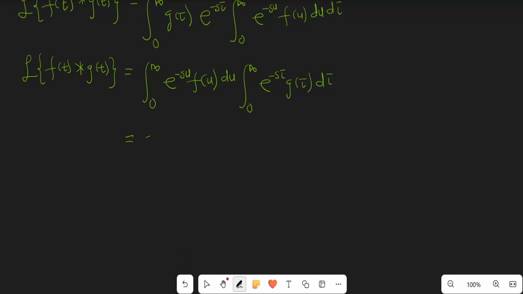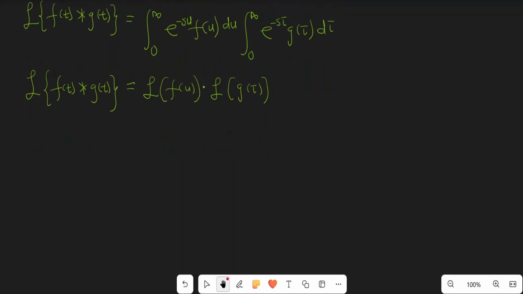So this one is going to be the Laplace transform of the function f of u, multiplied by, this is normal multiplication, not convolution, the Laplace transform of the function g of tau. And this is the Laplace transform of f of t convoluted with g of t.